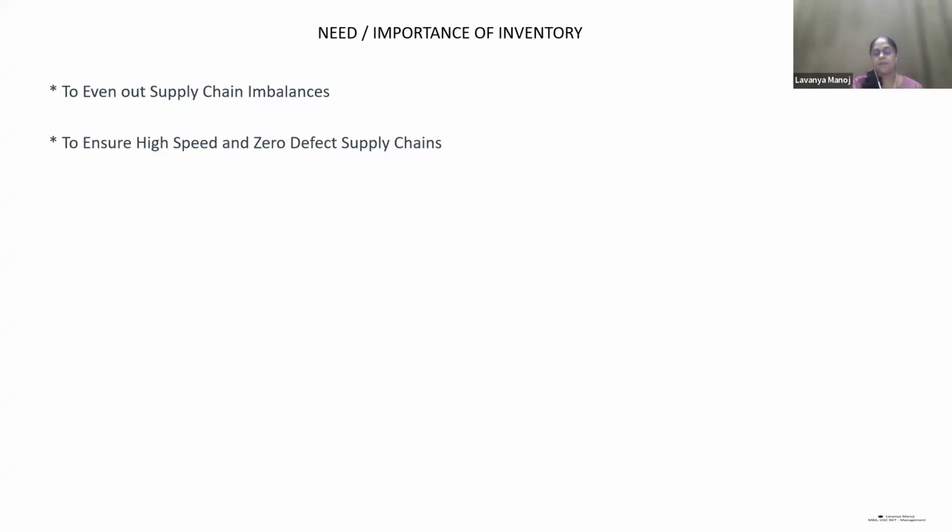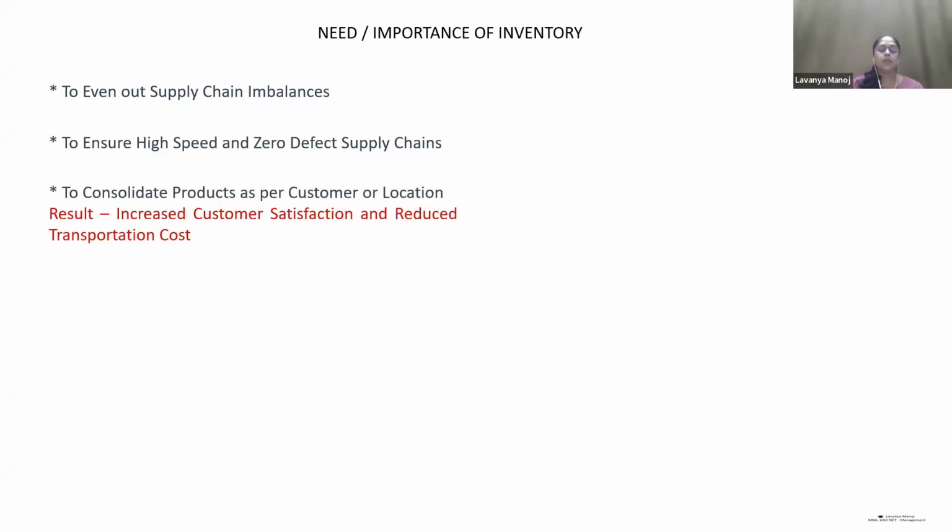To consolidate products as per customer or location. Consolidation, sorting, packaging, labeling, quality checking, everything can't be done on the production floor itself. Once a product has been produced, there may not be enough space to carry on these processes.